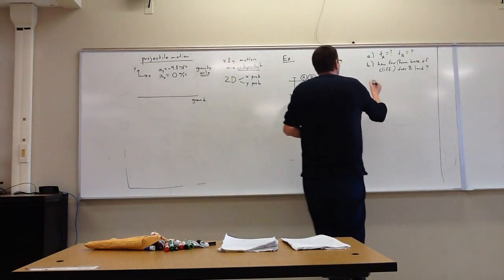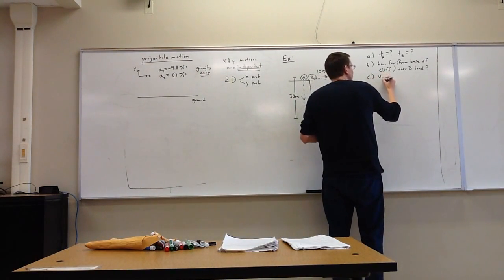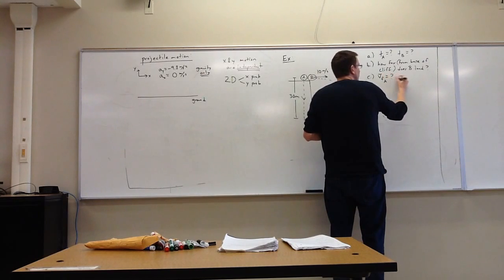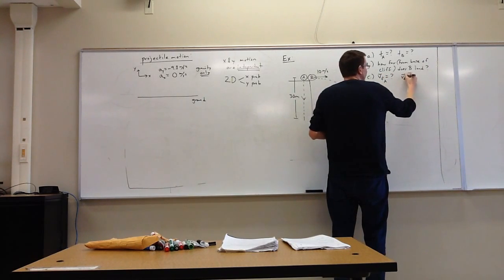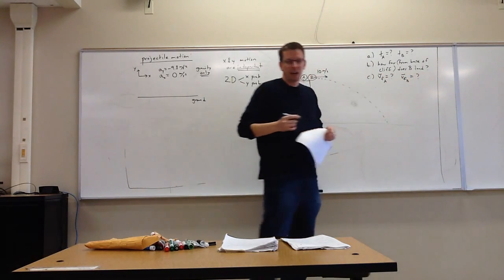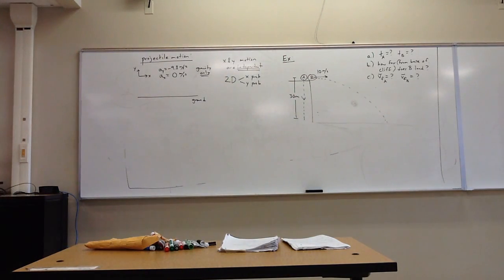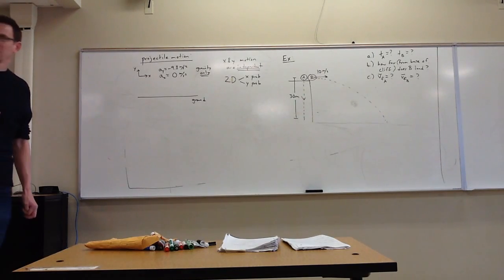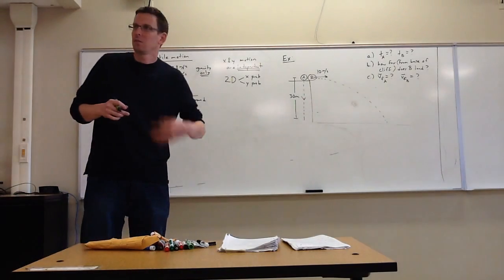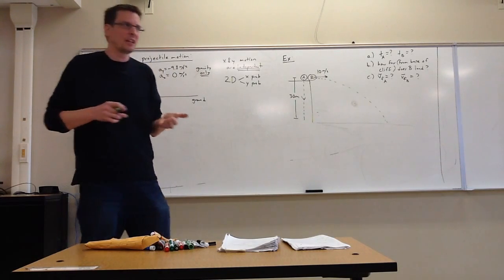And then I want to know the final velocity of A and the final velocity of B. What I mean by final is not do they eventually stick in the mud where they land, but I mean impact speed. What's the velocity that gravity can give them before they hit the ground?